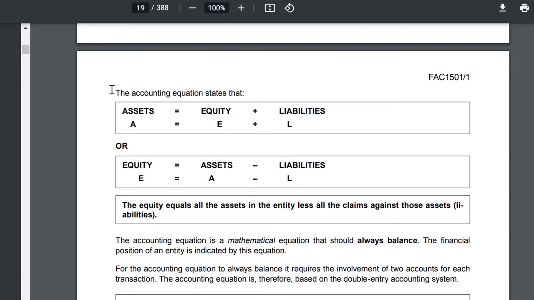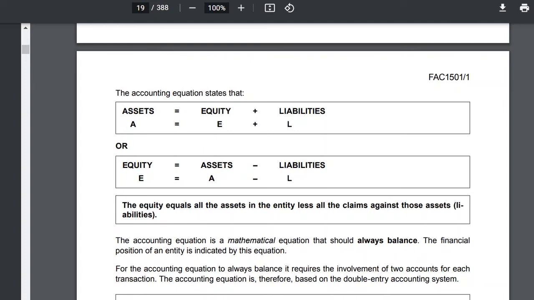So I'm going to repeat this again in the example of Walton's. When you do the accounting equation, you're applying just this equation.